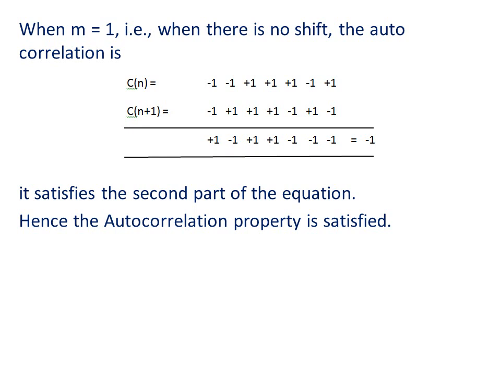That is, it satisfies the second part of the equation, that RC of M is equal to minus 1 when M is not equal to 0, that means for other values of M between 1 to L minus 1. Hence we can say it satisfies the autocorrelation property also. That means it satisfies all 3 properties of maximum length sequence.